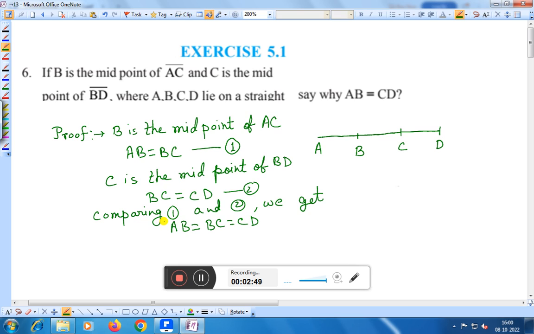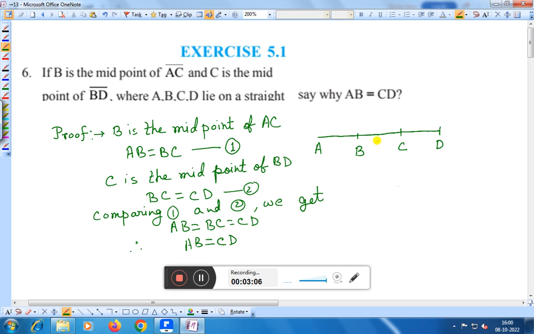Since AB is equal to BC is equal to CD, therefore we can say that AB is equal to CD, right?